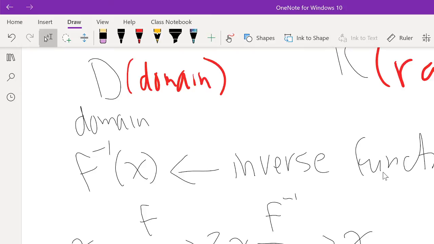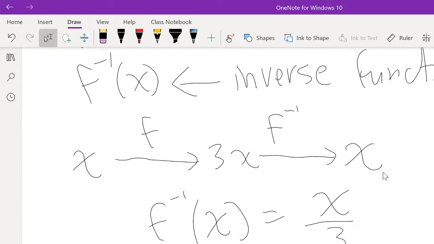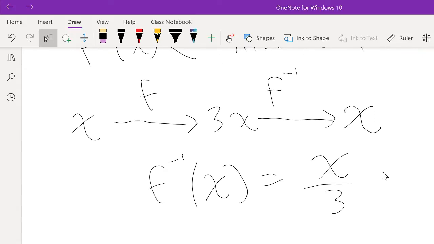Okay, so let's define this in more rigorous terms.